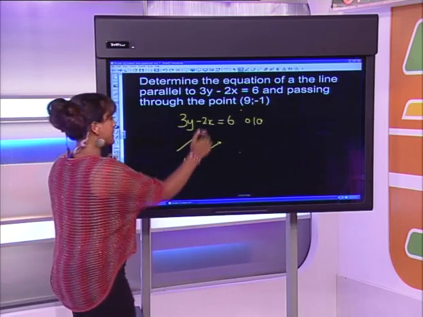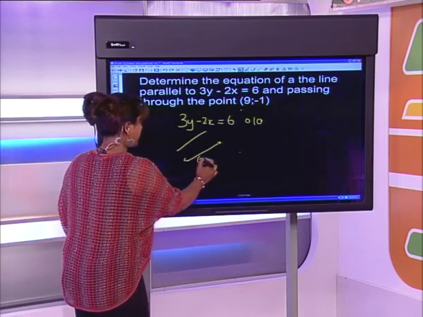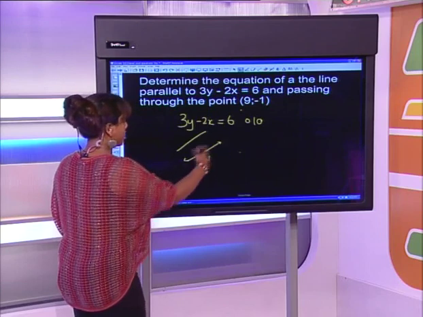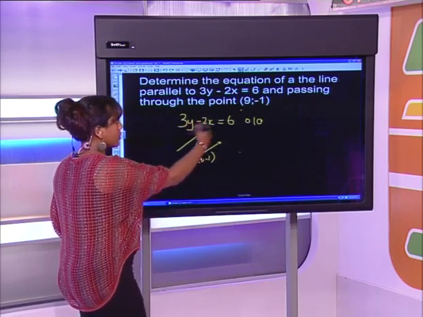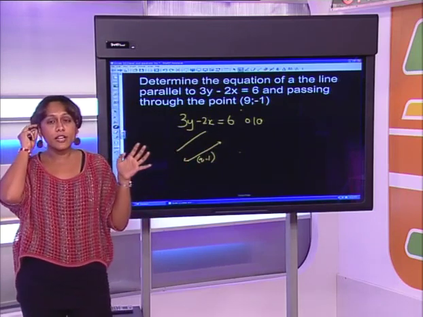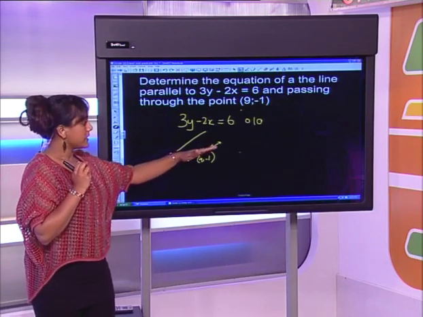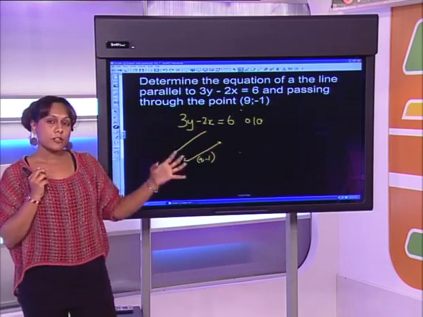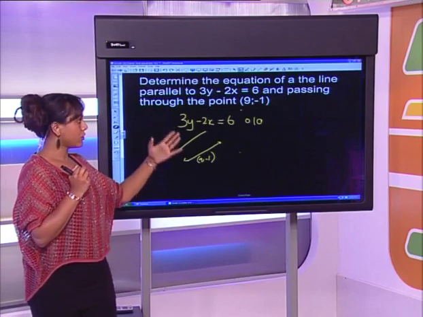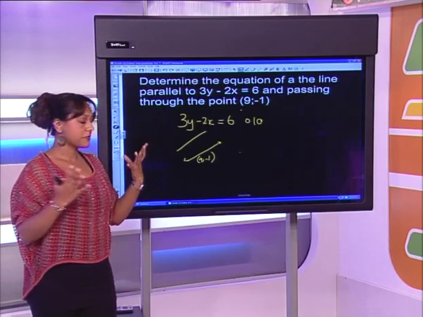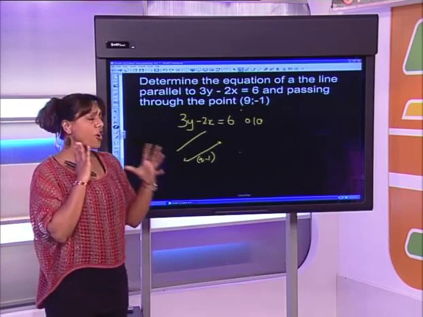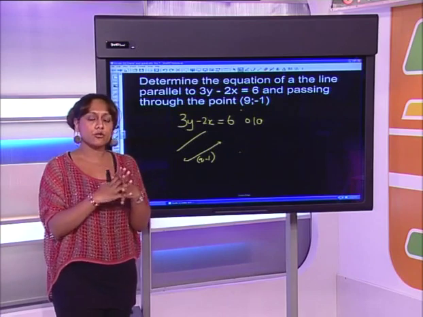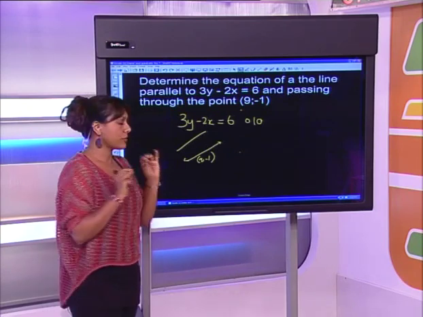So this point 9 and minus 1 lies on the new line, and the old line, we don't know what points lie on that line, but whatever points lie on the new equation, the one that we're going to find that's parallel to the old one, those points are going to be different. Okay, so the only thing that's the same about these two is that they have equal gradients.